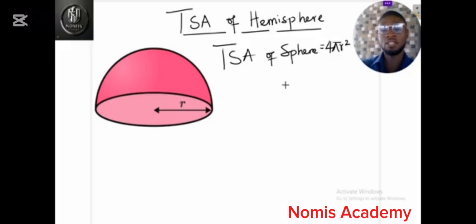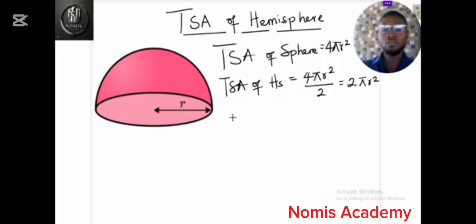And if we are now saying that the hemisphere is half of a sphere, that means we are going to divide the formula by 2 to calculate it. Therefore, total surface area of hemisphere is equal to 4 pi r squared divided by 2, and that will give us 2 pi r squared.